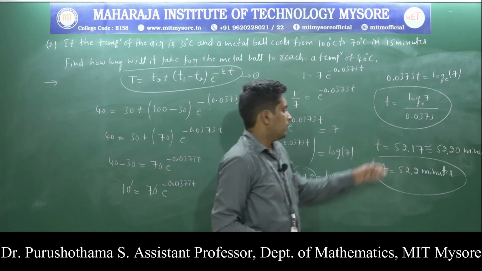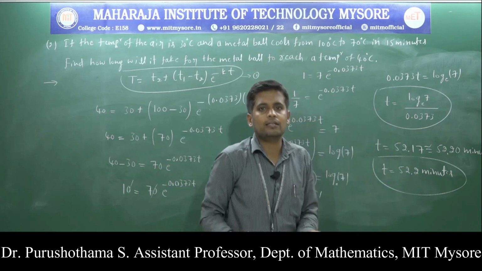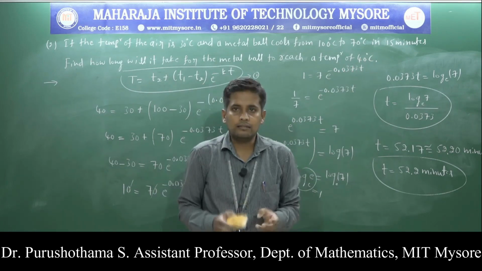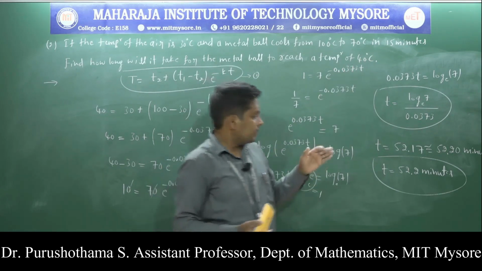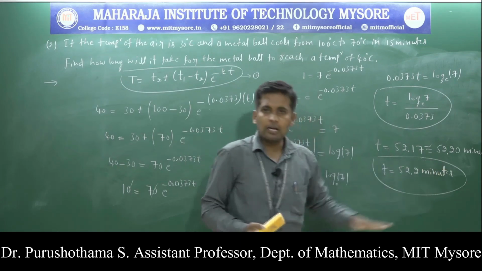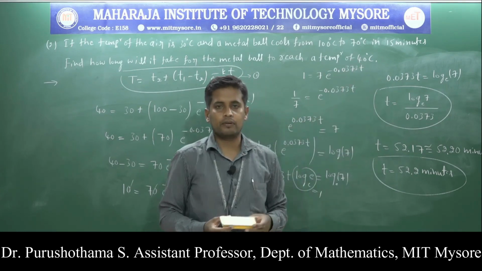So it will take 52.2 minutes for the metal ball to reach a temperature of 40 degrees Celsius. Thus, we conclude that it will take 52.2 minutes for the metal ball to reach a temperature of 40 degrees Celsius. Thank you.